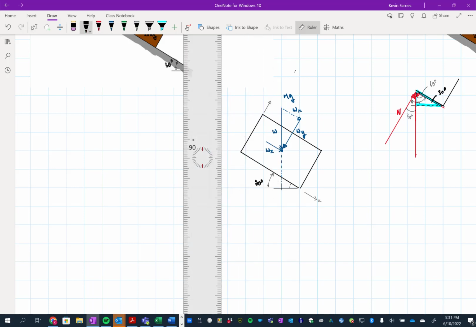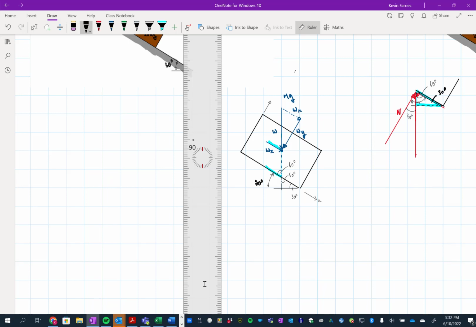So what do we know? We know that's 30. We know this is a right angle triangle here. I've just extended the line of action of this force right down. So that's going to be 30, so that there is going to be 60. Then opposite angles on an x are equal, so that's also going to be 60. And then this is a kind of an F shape, so you've got all these parallel line rules.